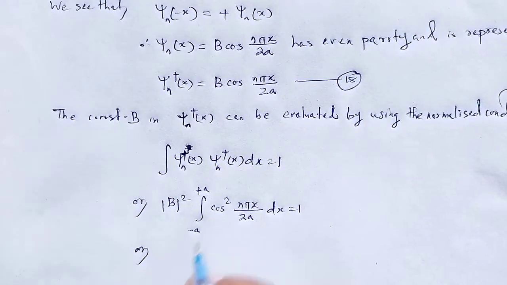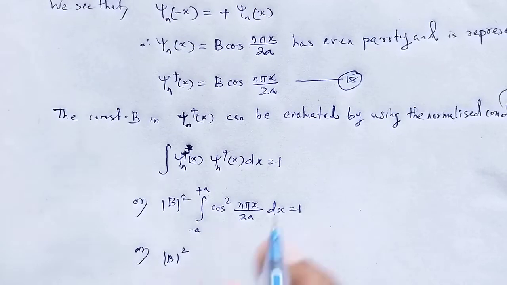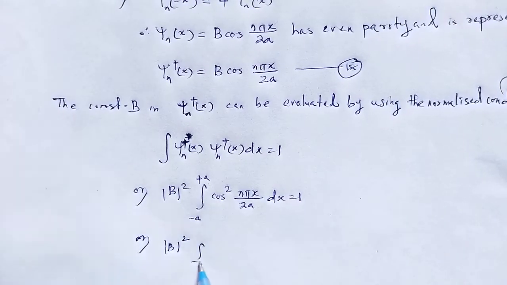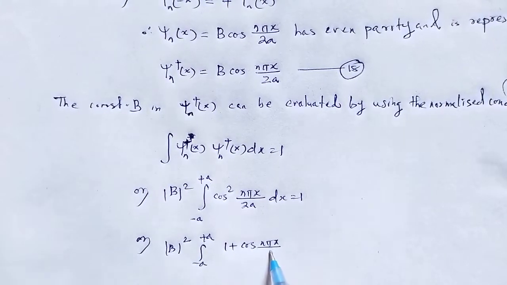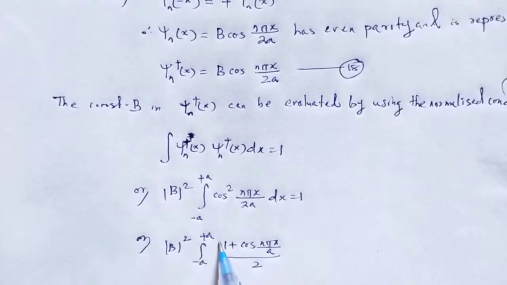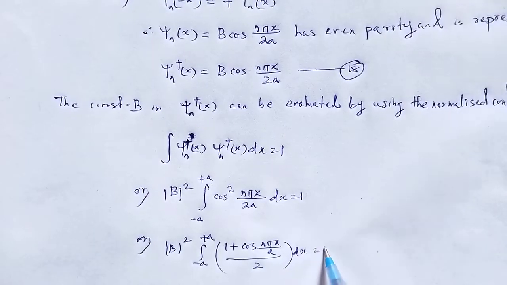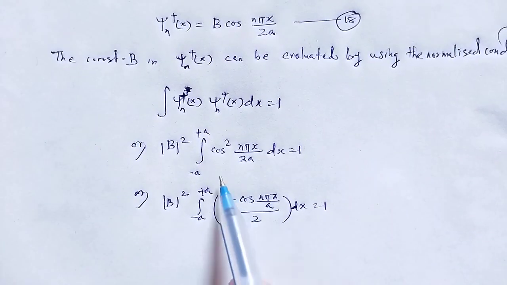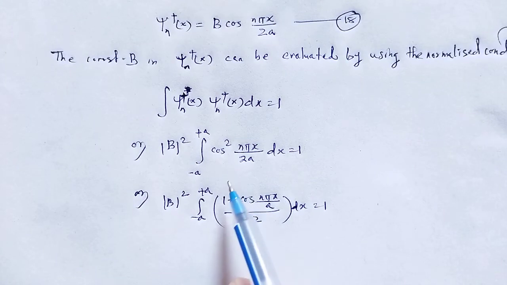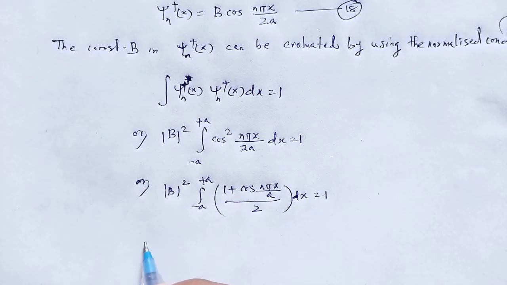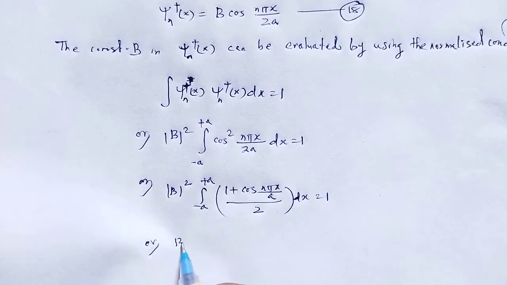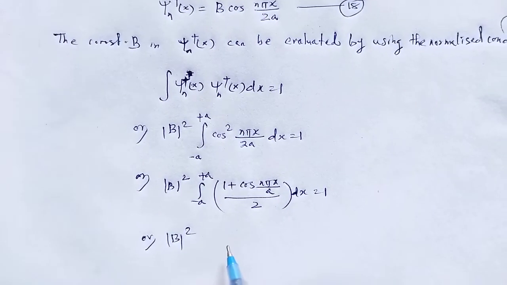Or magnitude of b square, integral from minus a to plus a of 1 plus cos n pi x by a, divided by 2, dx is equal to 1. Cos square theta means 1 plus cos 2 theta divided by 2. Use that relation here.